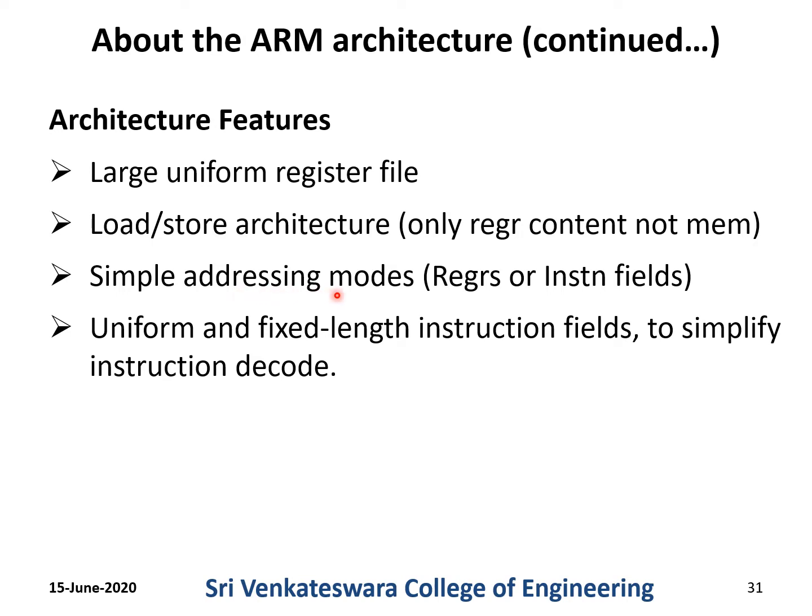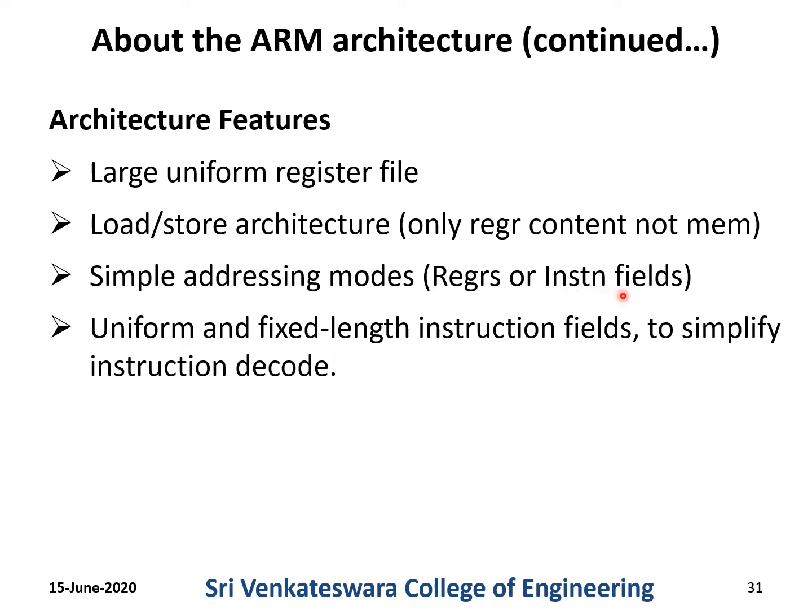You know that addressing mode is nothing but the way in which the operands are specified in the instruction. Either the operands are placed into a register and those registers are used in the instruction, or the operands are placed in the instruction field itself.